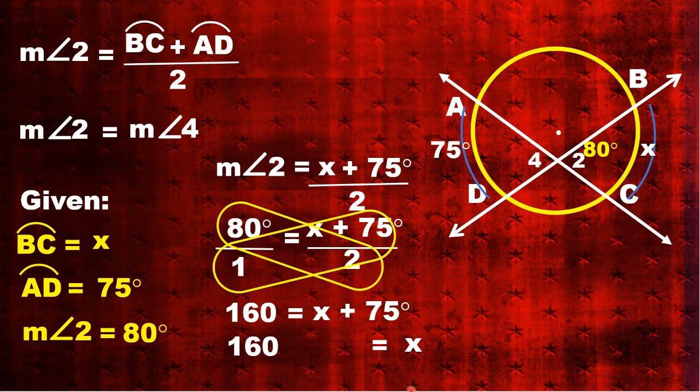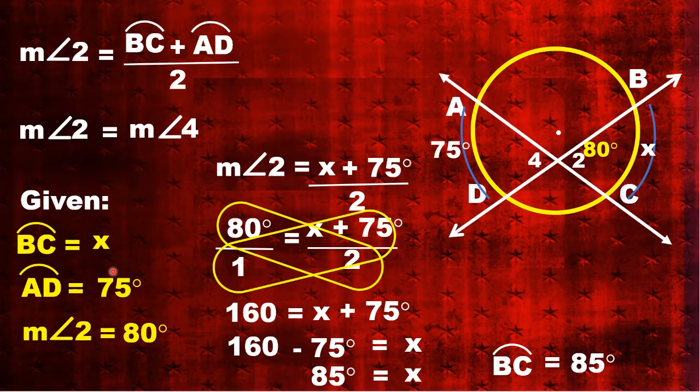So, we have 160 equals x, and then, or shortcut, i-transpose natin ang positive 75 sa left side of the equation, it will become negative 75. Therefore, we have 160 minus 75 is 85. And that is the value of x, which is our arc BC. Ayan.